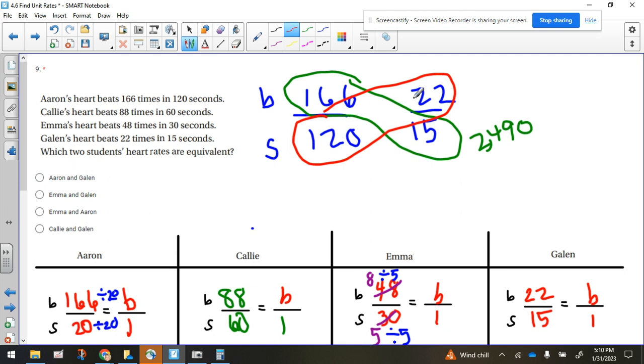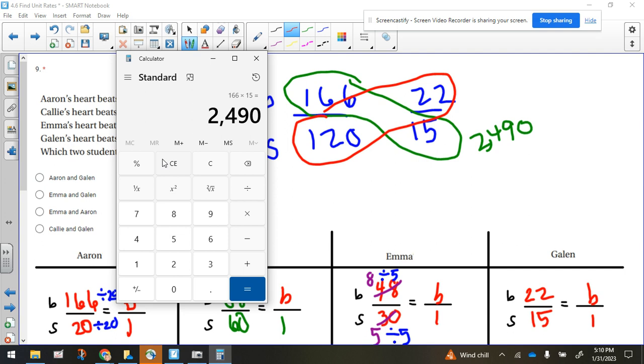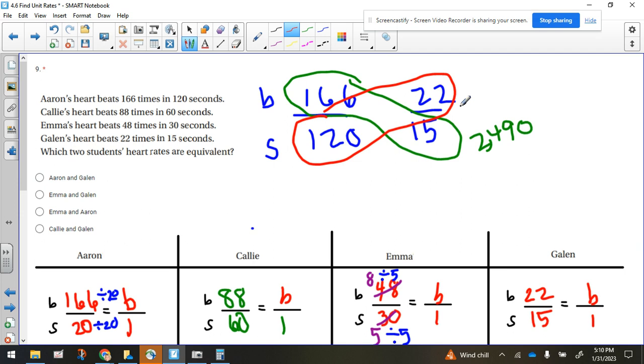So we're going to find this number times this number. In the interest of saving time, we'll use a calculator: 120 times 22. We're multiplying these two numbers together, and we get 2,640.